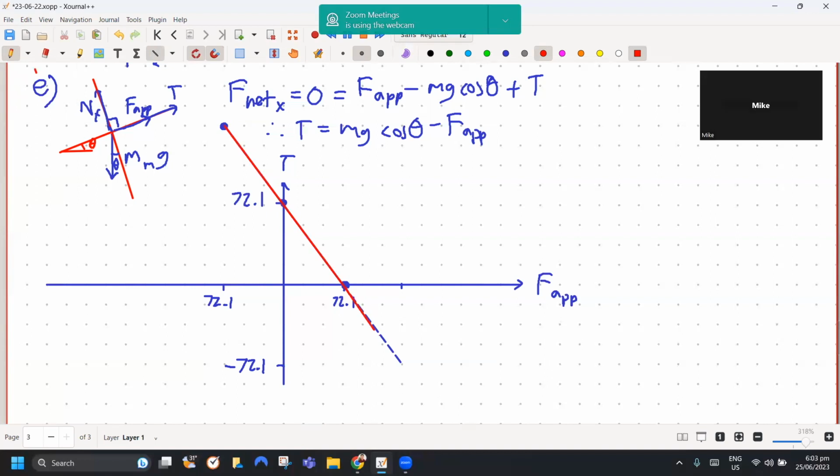And then, teka, hindi included yan, di ba? Okay. So yung actual na included, yung solid red line. Ngayon, if F applied is greater than 72 newtons, ano yung magiging acceleration ng object?